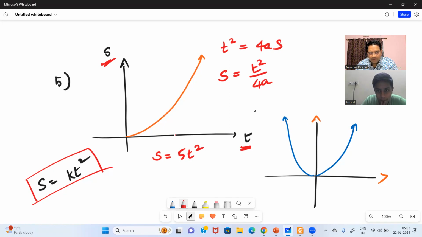No, giving different answers is not important. Whatever answer you give, you need to give me the right justification for that, because we all know that it's going to be one of the three, right? Yes. So I want you to clearly tell me why. S is equal to 5t squared. So what is happening? I don't want just the answer, I want the explanation why it is so. Go ahead, tell me, ma.